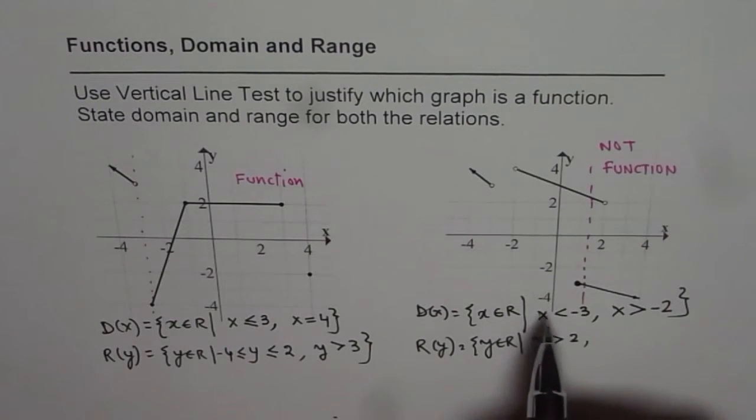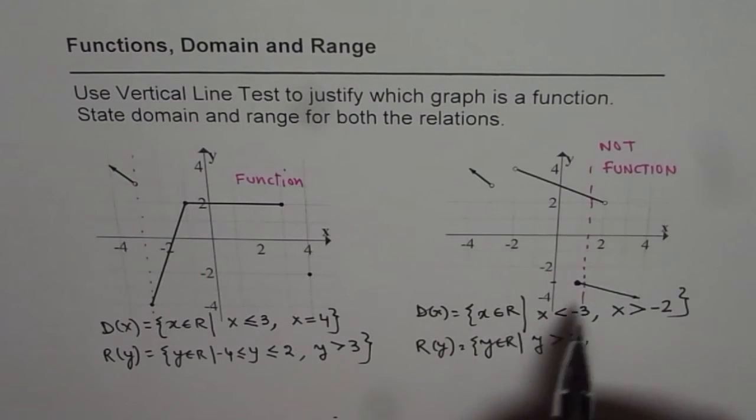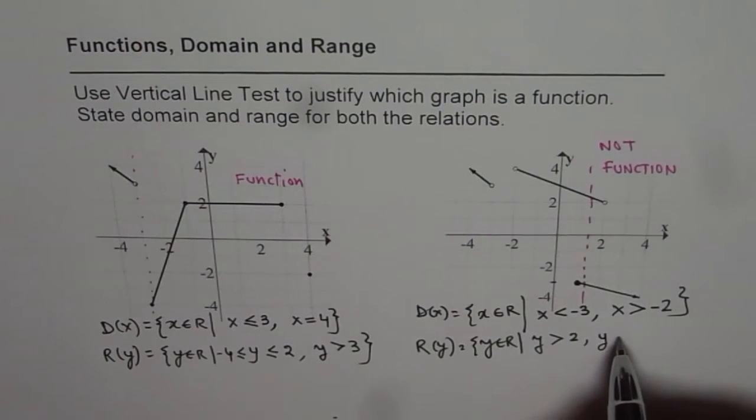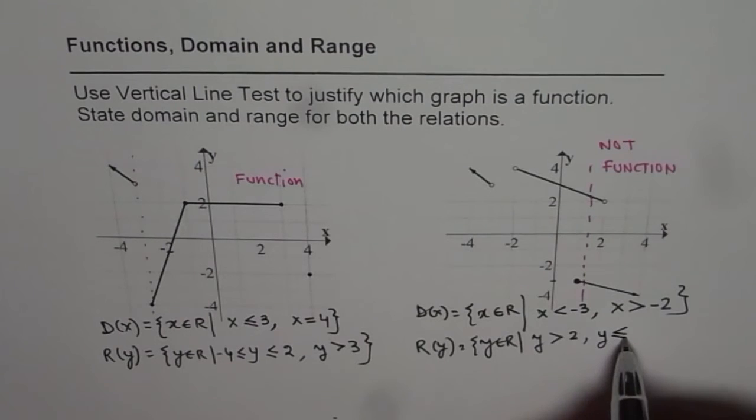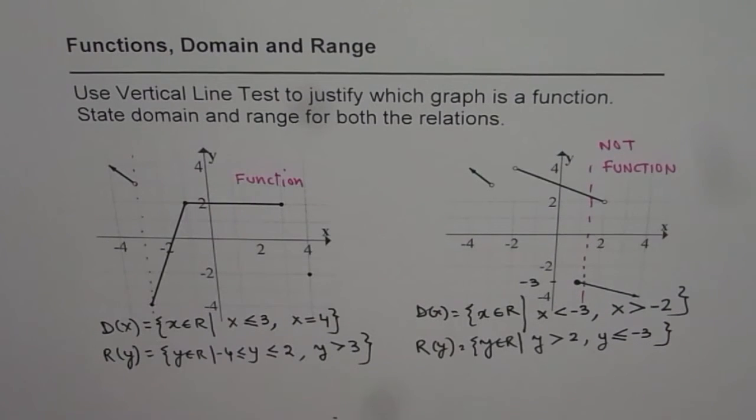So if it is solid, then it means that point is included. That means minus 3 is included. So we say y is less than equal to minus 3. Less than equal to, since we made it solid, right? Okay, so that is what the range is for this function, right? So it's kind of combination of two. Okay, so that is how we can write it.